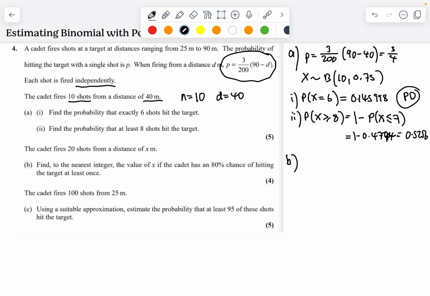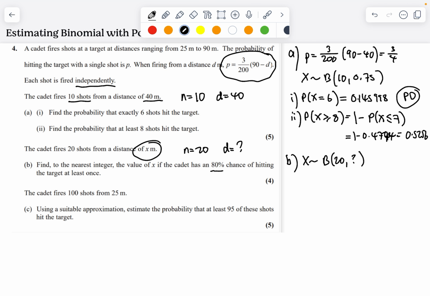Now the cadet fires 20 shots from a distance that we don't know. So now we know that N is 20, but D we don't know. Normally I can work my way back from the probability I'm given, but as I don't know P, I can't do that. So X is roughly distributed binomially with N of 20, but we don't know what P is.